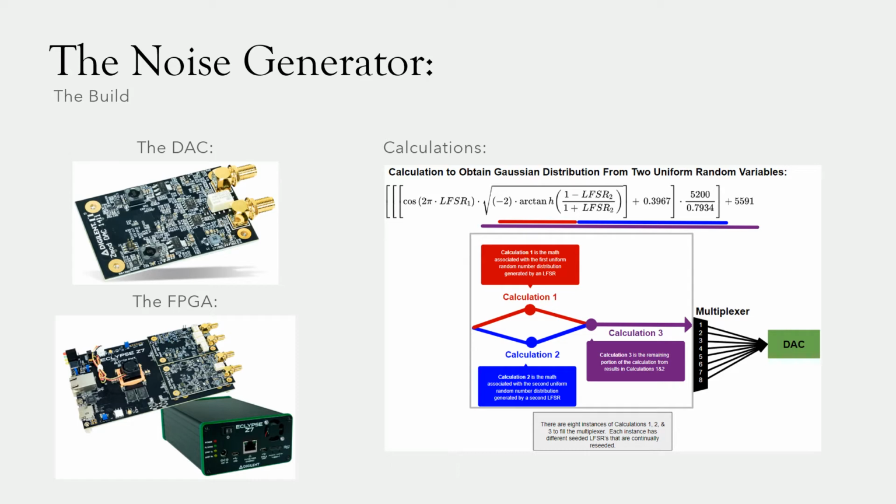This meant we had to make our own LFSRs, 2 to be exact, in order to make these random variable distributions. Also, the natural log isn't supported in the FPGA board that we purchased, so we had to find an equivalent, which looks like this. Then we added what we needed to get the actual amplitudes we needed out of the board, and these were sent to the DAC and then outputted.